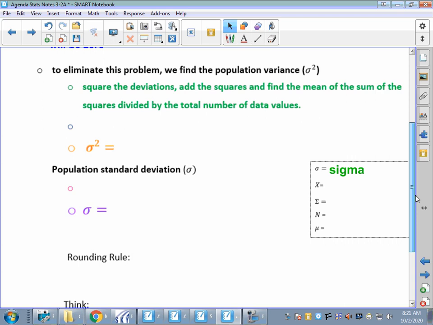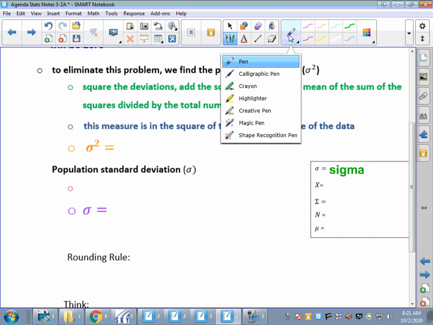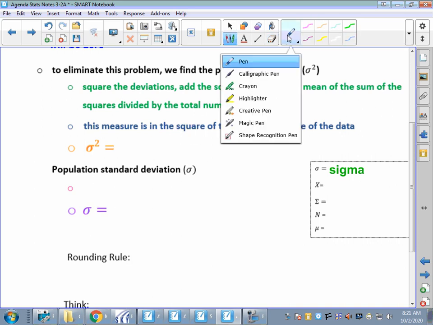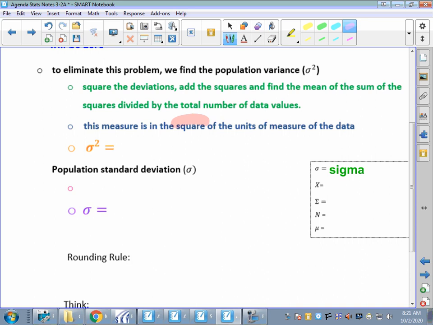Let me just say this part. So this measure, please notice, is the square of the units of the measure of data. We got to do some math here, everybody. You might be shocked to learn that, but we are for sure going to do math.